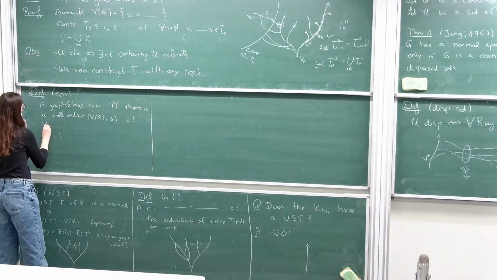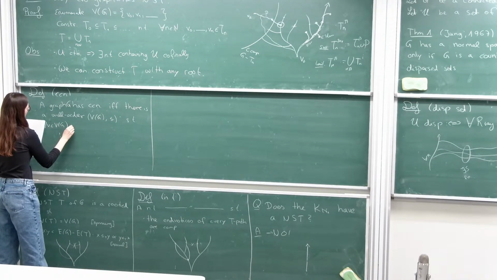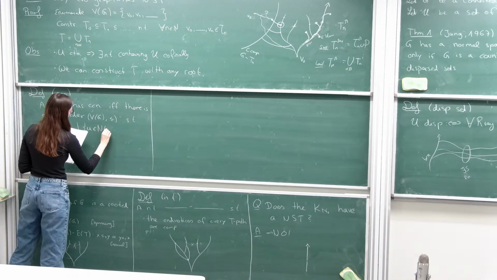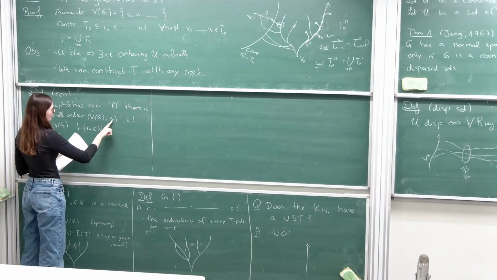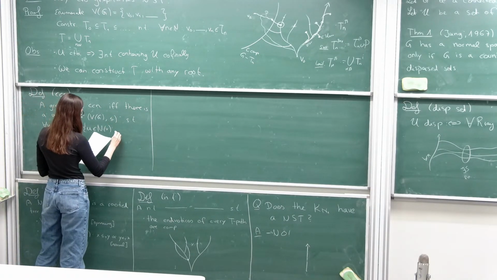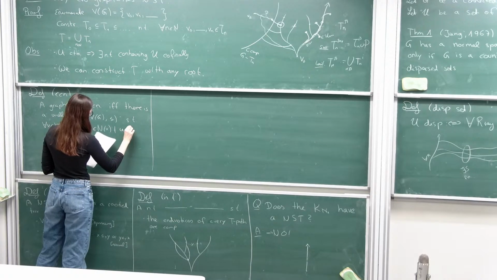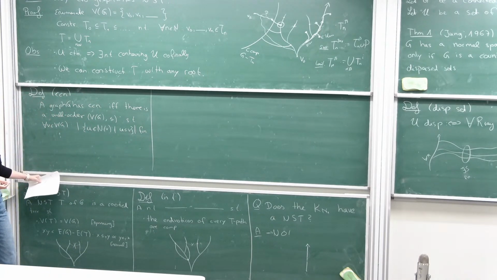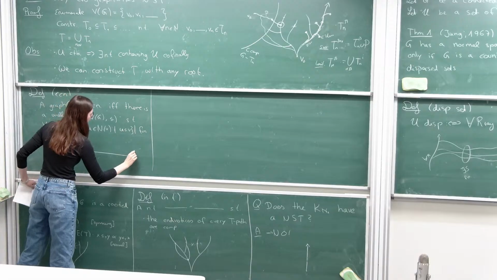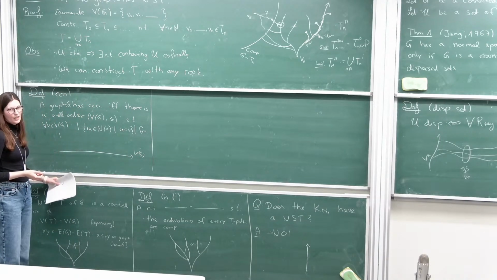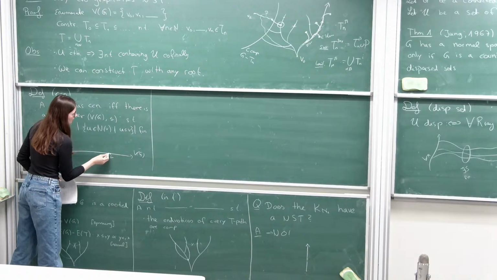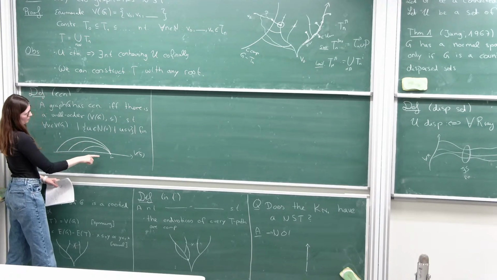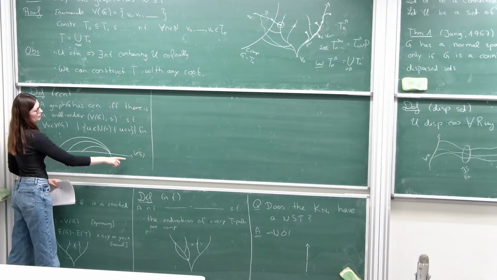For every vertex in my graph, I want that the cardinality of the neighbours of my vertex that are smaller with regard to my well order is finite. Okay? So let me draw a picture for this. I have a well order of my vertices of G, and for every vertex that I pick, there are at most finitely many vertices in the neighborhood of v that are lying below my vertex.